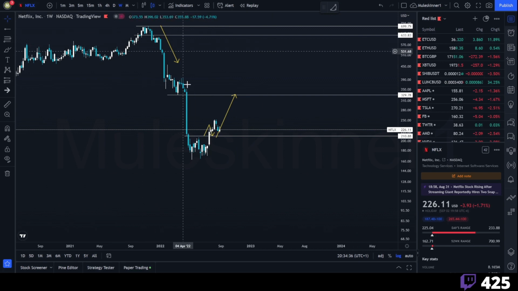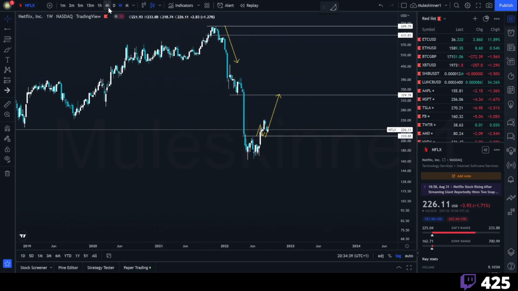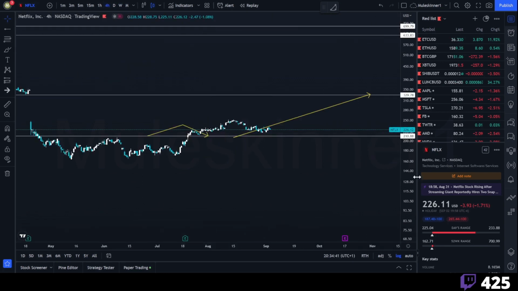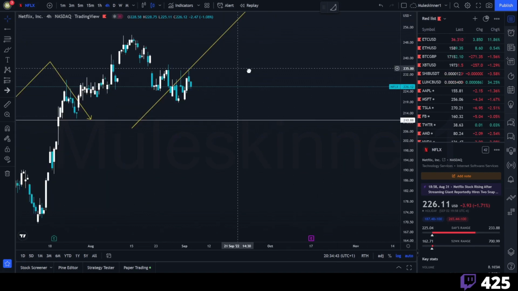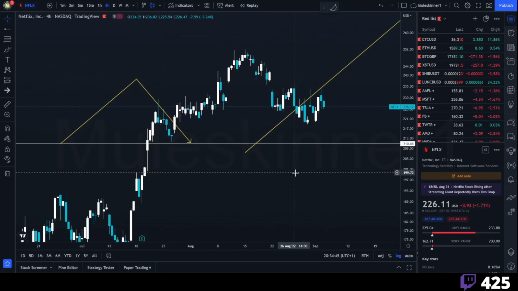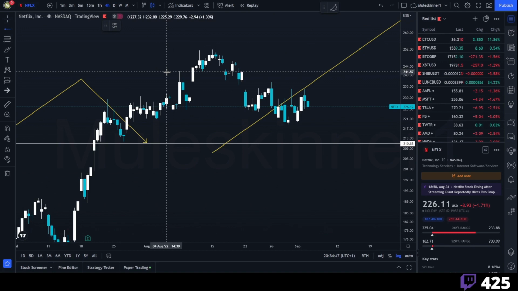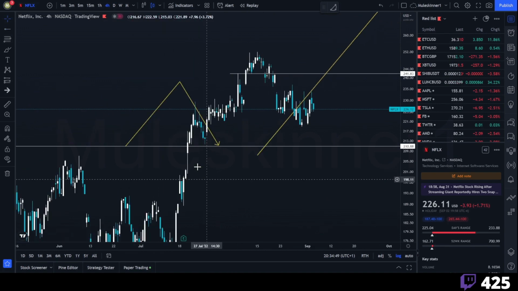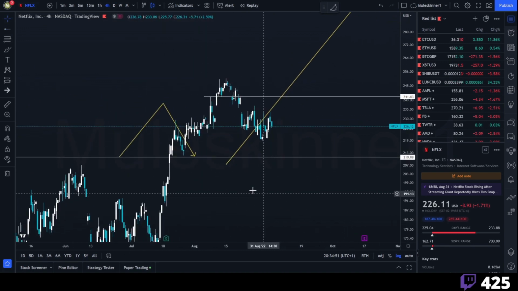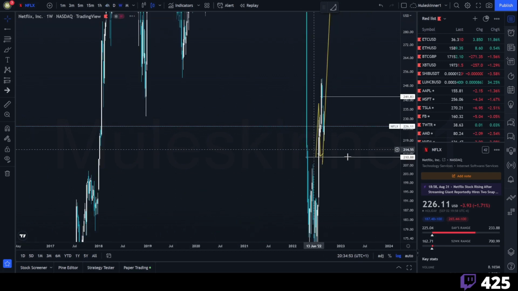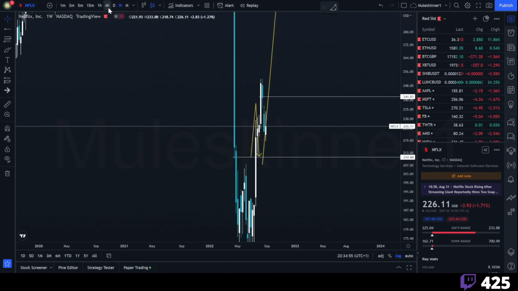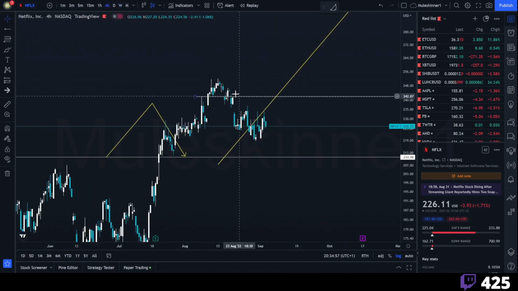But then again, the same as the higher time frame, we can go to the 4-hour and go, okay, what are we doing on the 4-hour? Oh shit, on the 4-hour, we're in a downtrend. Do you understand what I'm saying? So, on the higher time frames, on the weeklies, this is a potential reversal. On the 4-hour, it's gone back to downtrend again. Why? Because we've failed levels and we retested levels and we're making new lows.